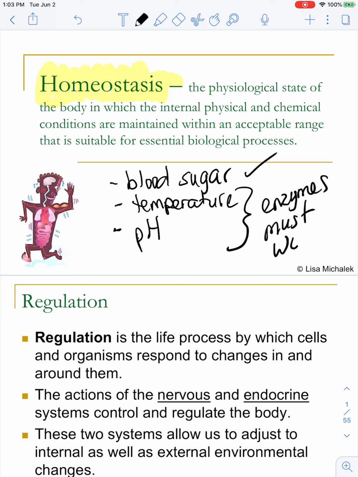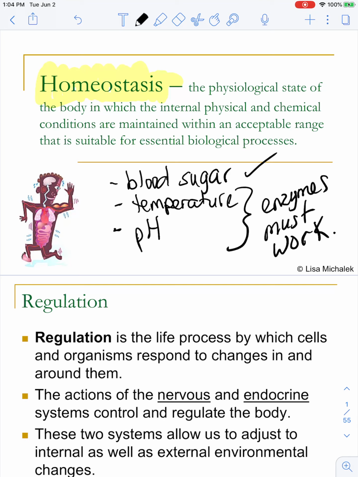Our enzymes denature, if you remember, because they are proteins. With high temperatures, their efficiency, the rate at which they can make chemical reactions happen, is much reduced, with really cold temperatures too, and anything too acidic or basic will also denature the enzymes.